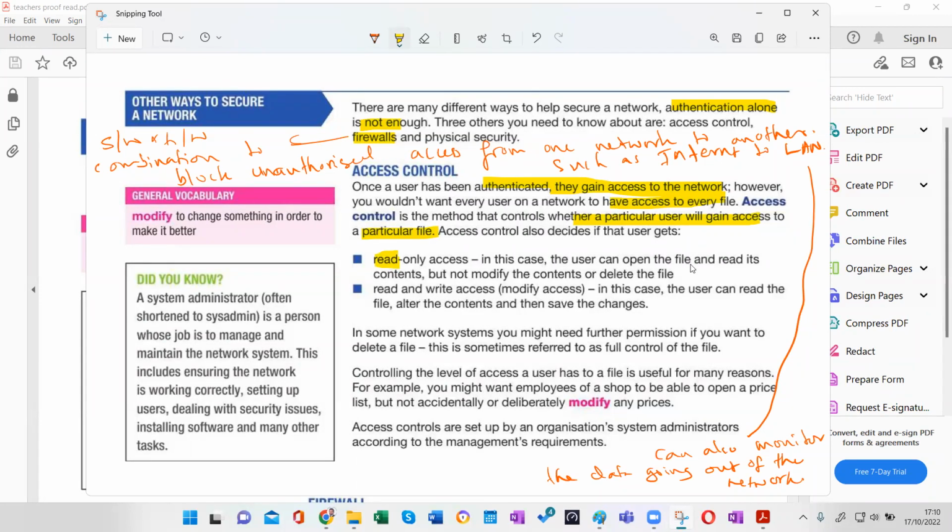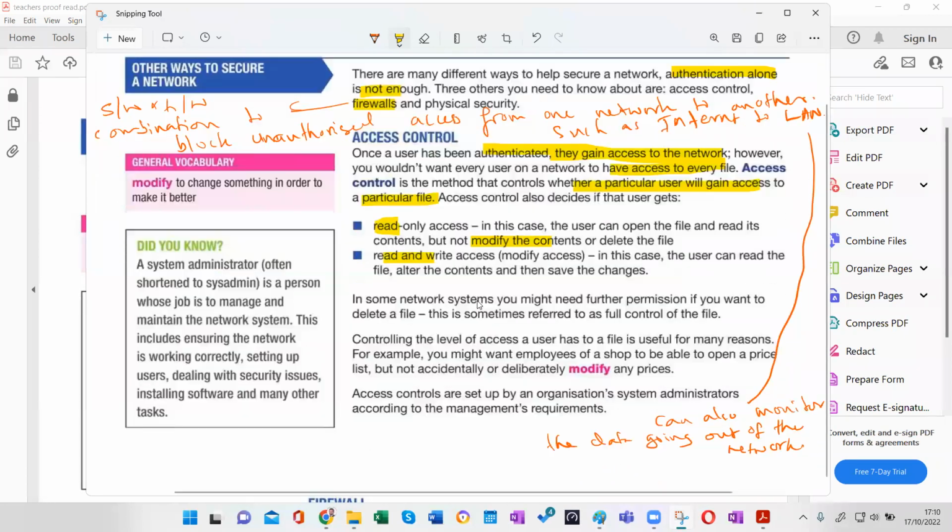User can open the file and read its content, but not modify. Read only. Read and write, they're able to open it and write also. In some network systems, you might need further permission if you want to delete a file, right? And also, you're not allowed to install software. You're not allowed to uninstall existing software.